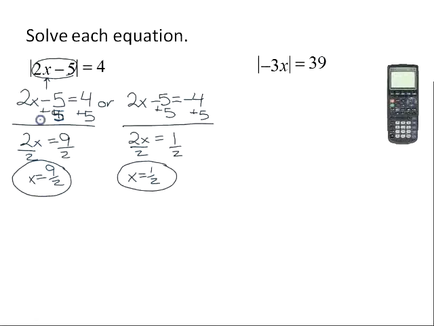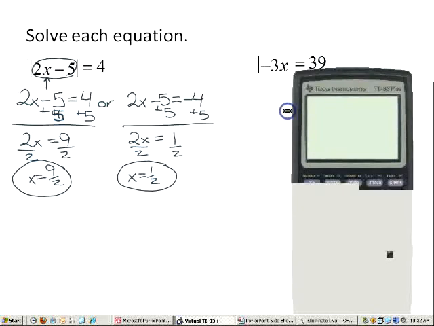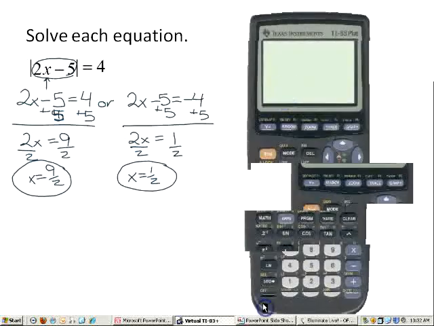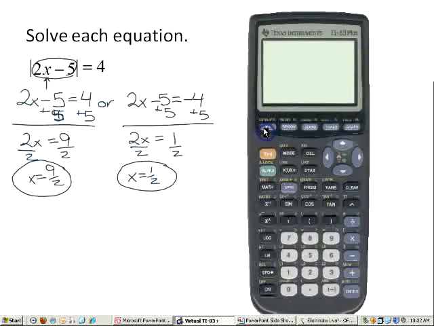Now I want to look at this problem graphically. So let's come over here and look at the calculator before I do the next example. And I want to look at the graph of this. Remember that we can solve equations graphically by putting the left side of the equation in y1 and the right side of the equation in y2. So we're going to do that.